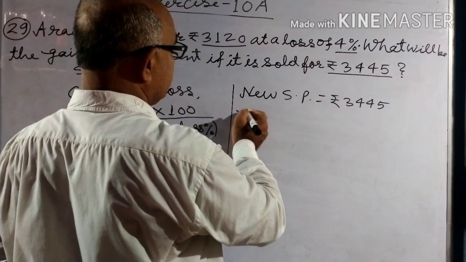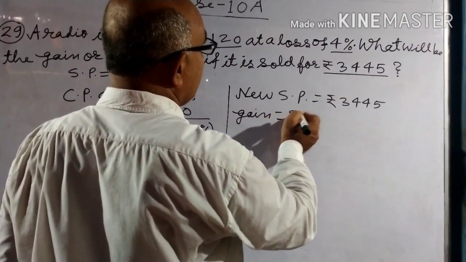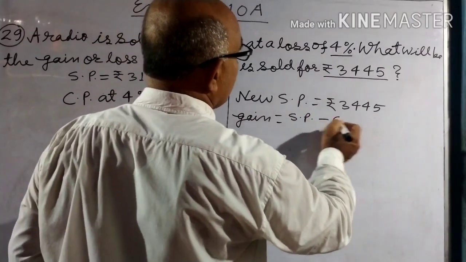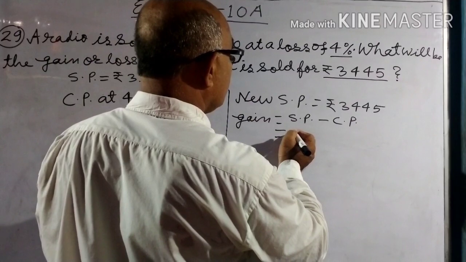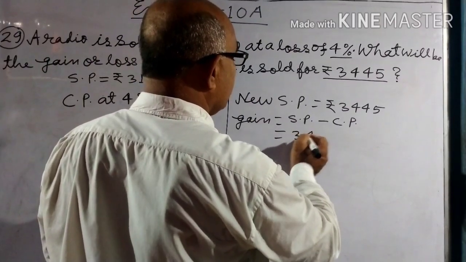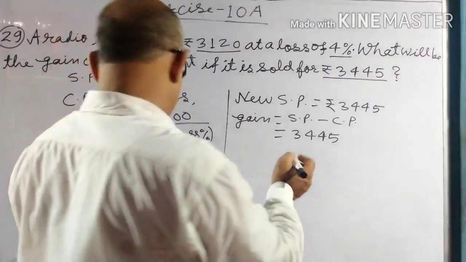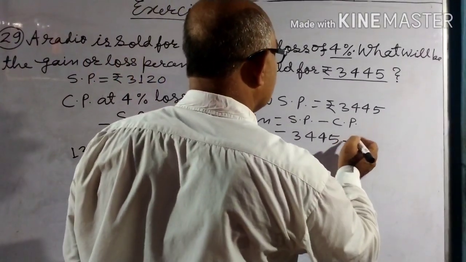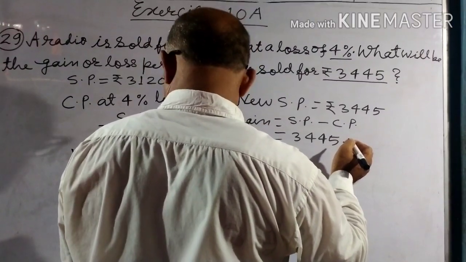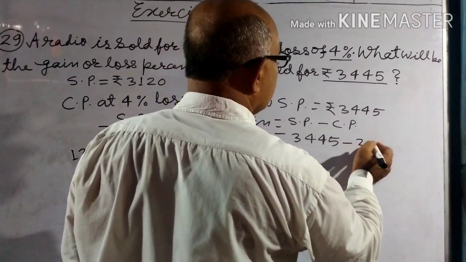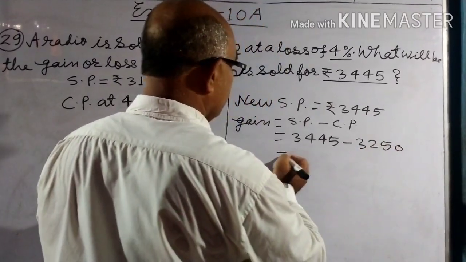So gain equals SP minus CP, equals 3445 minus 3250.